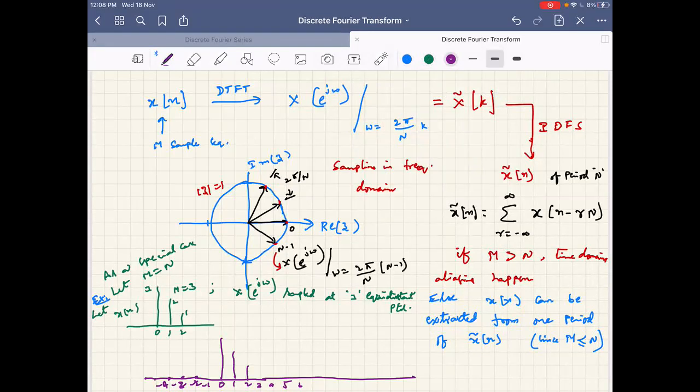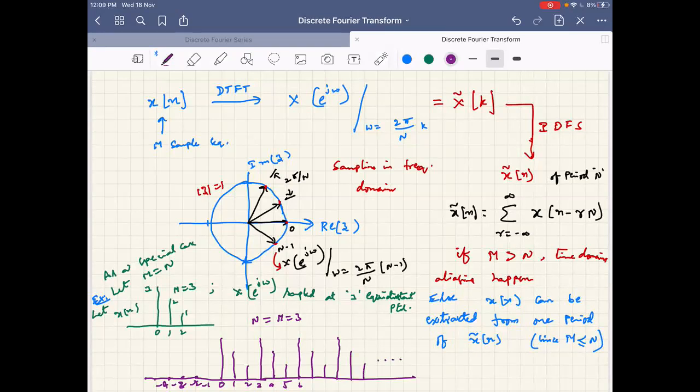So x of n gets repeated at n equal to 3: whatever I have at 0 will again come at 3, because capital N equals 3. It starts repeating at 3, again at 2N, that is at 6, and then 3N and so on.